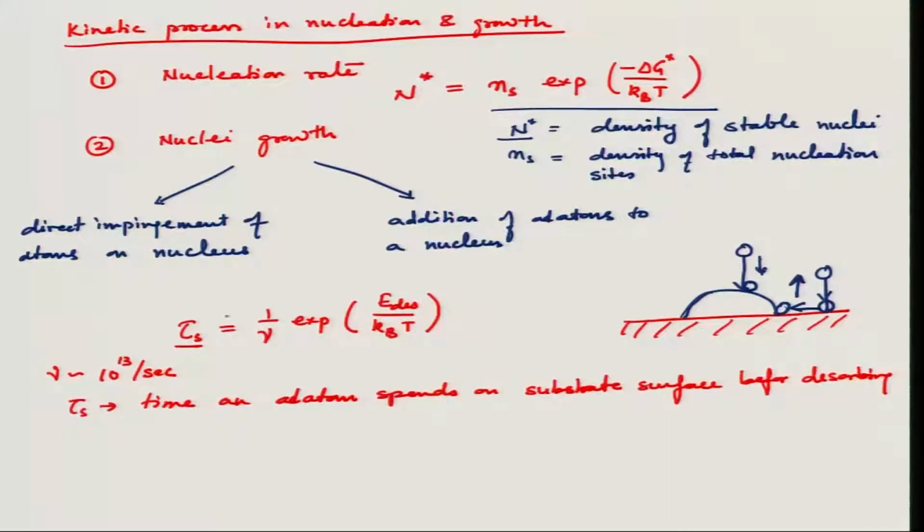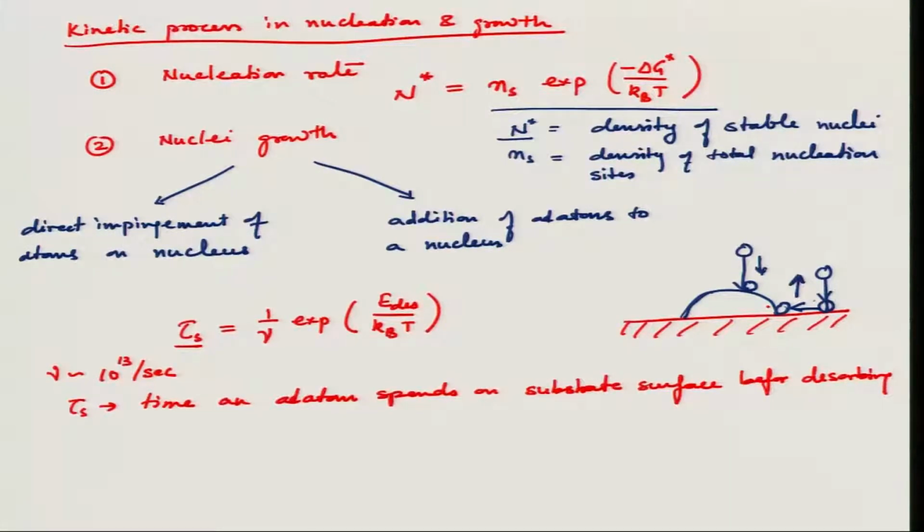Okay. So, you can say if this atom does not find a stable nuclei within this time period, it will go back to vapor phase. So, that is this timeline. And these atoms perform random jumps because they do not have any idea that there is a nucleus on one side or other side.